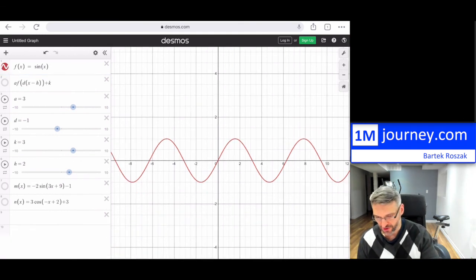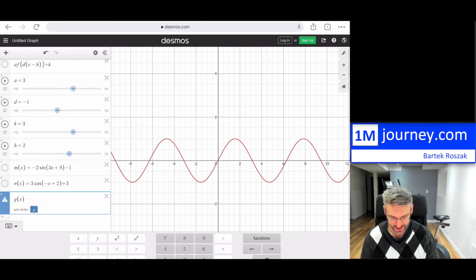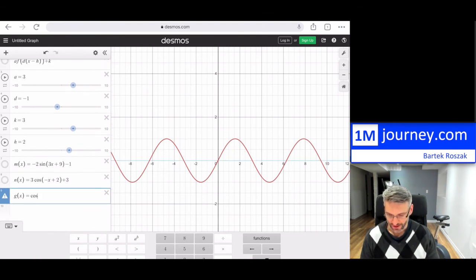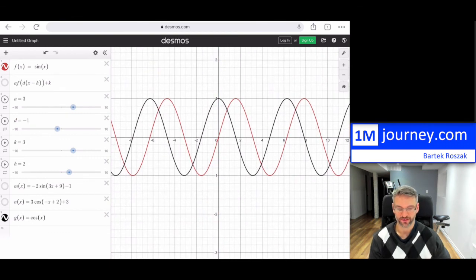Okay, so that was that. Now instead of sine, I'm going to put in cos, so g of x is equal to cos of x. So notice that they look the same. It's almost like one lags the other, like it's lagging behind. So the black one that you see, that's the cos, and the red one is the sine.